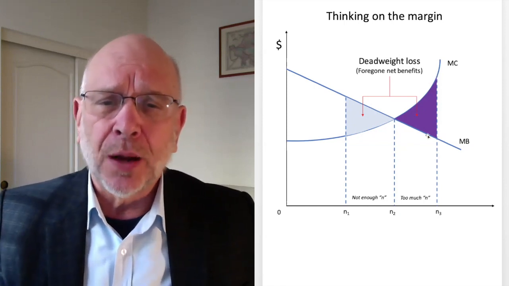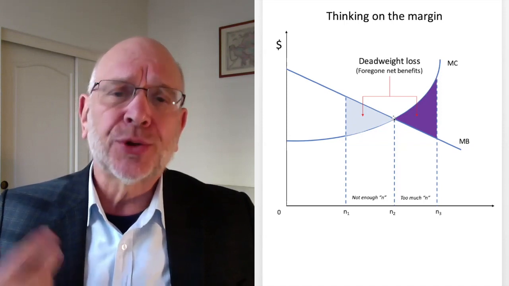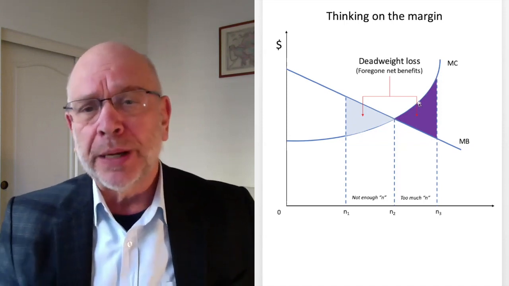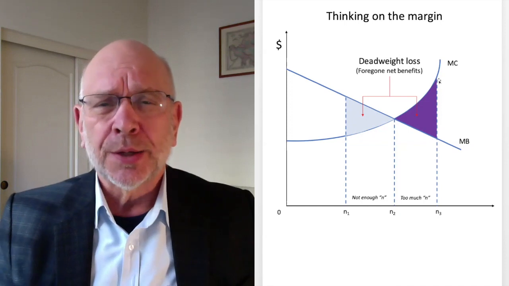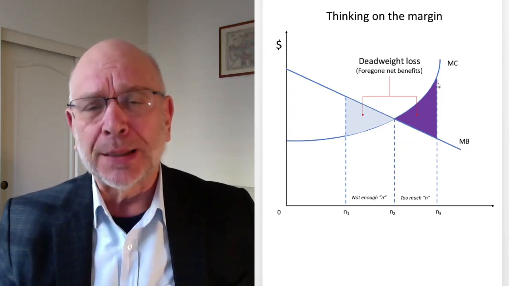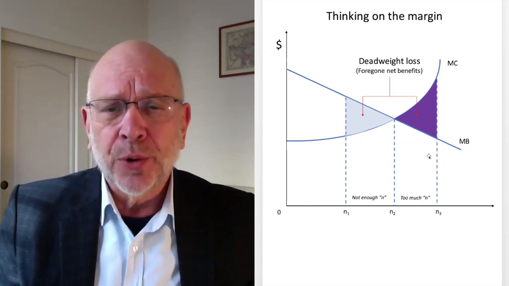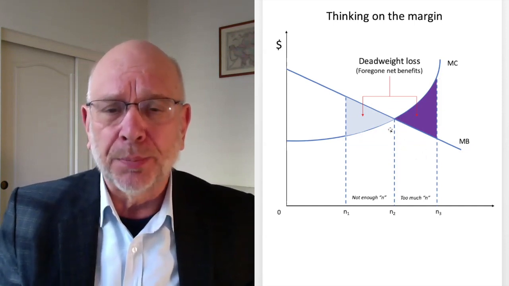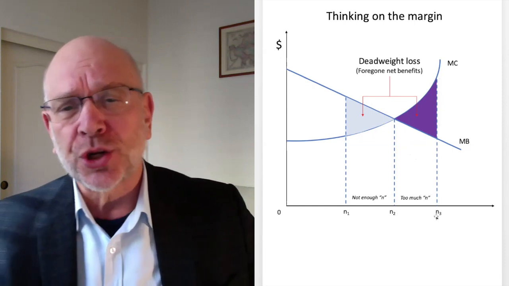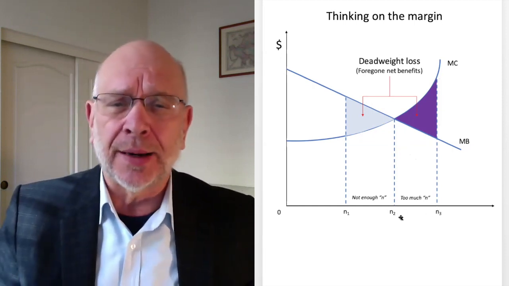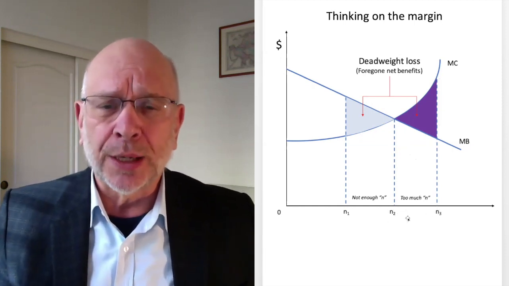This deadweight loss represents the extra costs we're bearing above and beyond benefits. So it's a kind of negative net benefit that we can shed if we were to simply stop doing so much of this activity N. So they all point to N2.